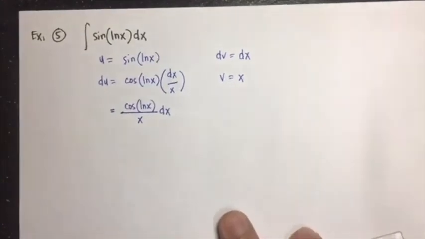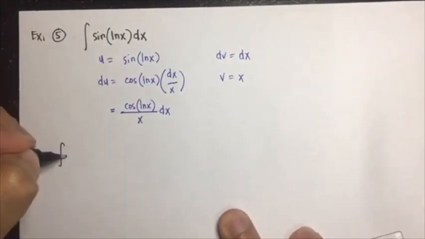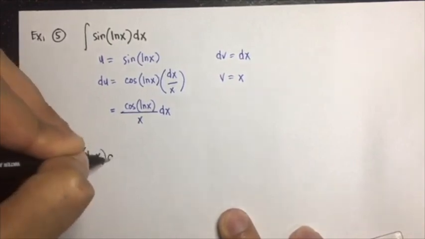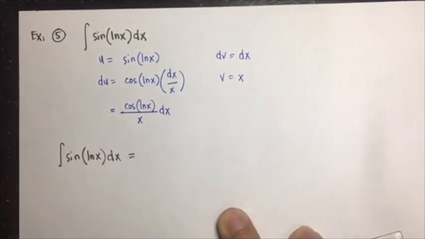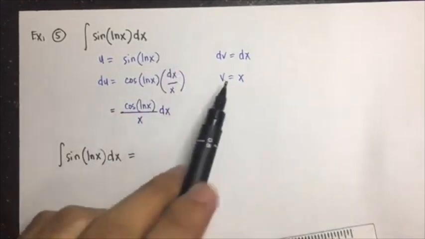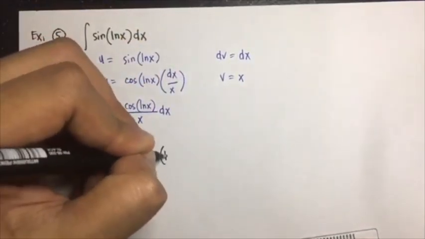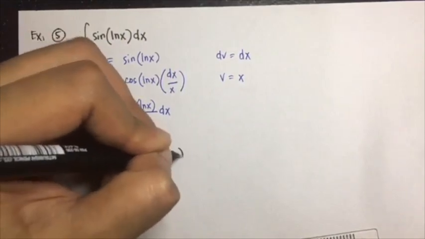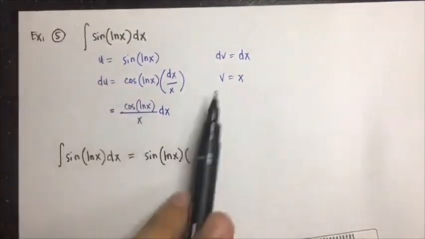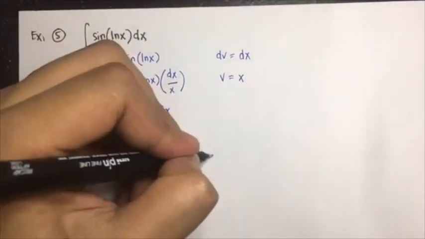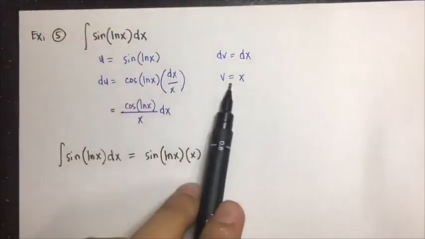Okay, so rewriting, the integral of sine of ln of x dx is equal to uv. So u is sine of ln of x, and v is x, so minus the integral of v du.